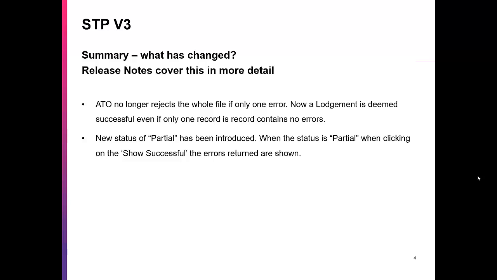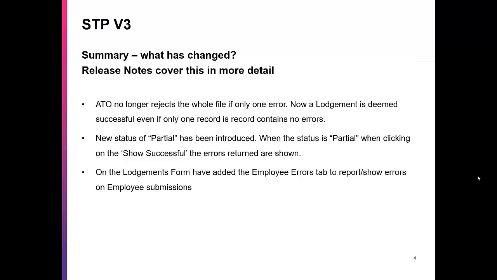On that basis, a new status of partial has been introduced on the lodgement screen. When it's partial and you click on show successful, the errors are detailed out. On the lodgements form, we've added an employee errors tab to show and report errors on the employee submissions.